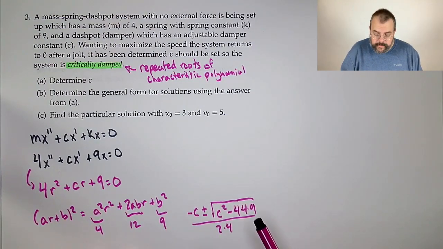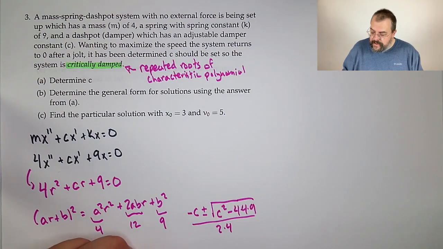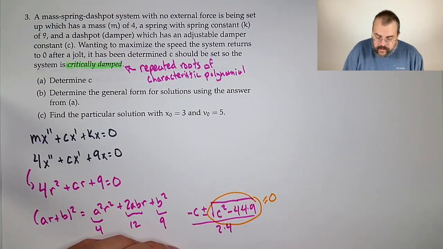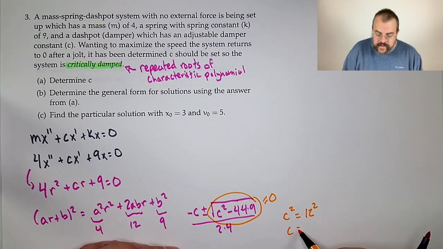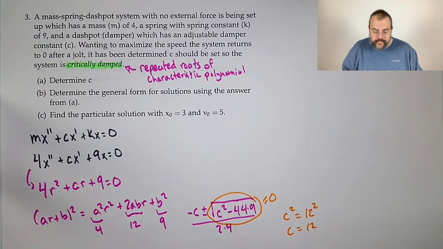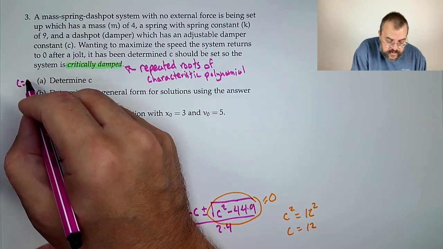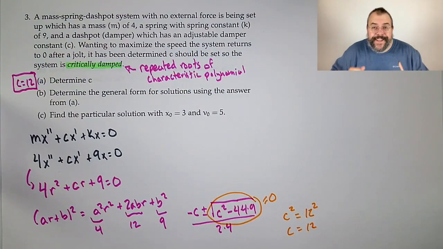Now, the only way we can have repeated roots is if this part equals 0. So we need that to go away. So that says c squared, well, 4 times 4 times 9 turns out to be 12 squared. So that says c has to equal 12. All right. So in any case, we know the answer. So for part A, the answer is c should equal 12. And we'll just put it right there. And there we go. So we've done part A.